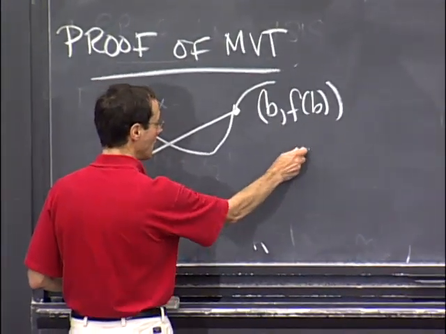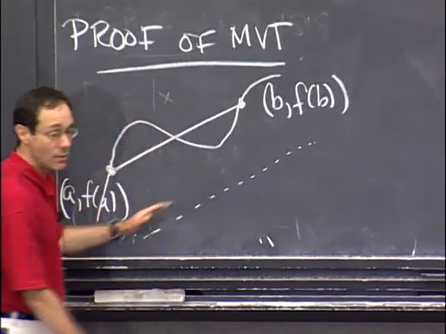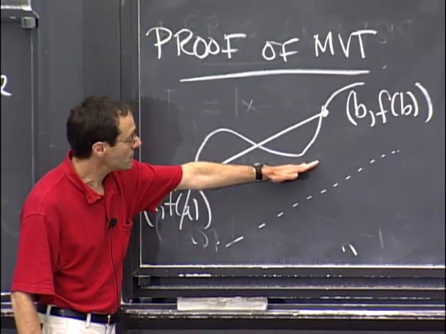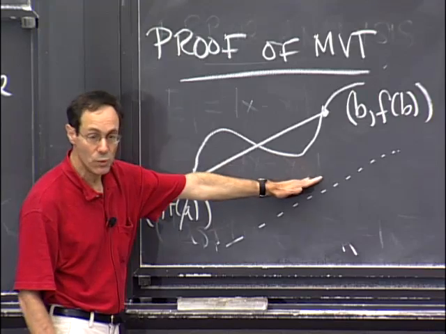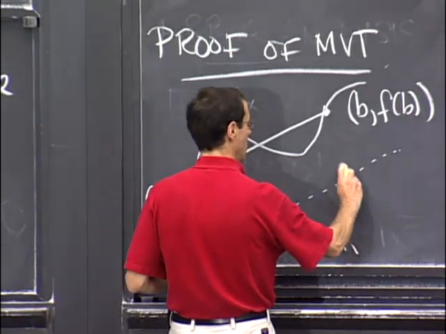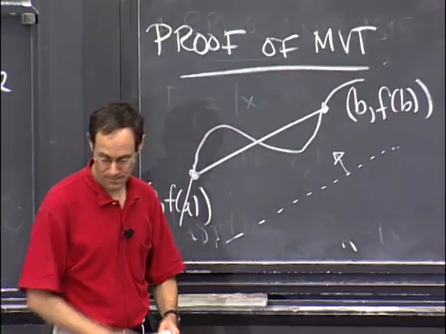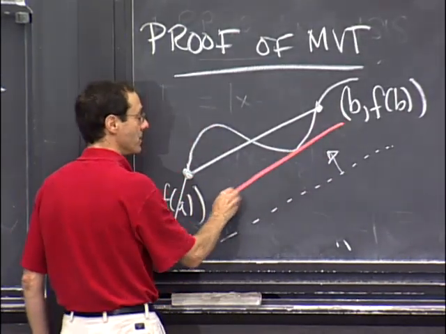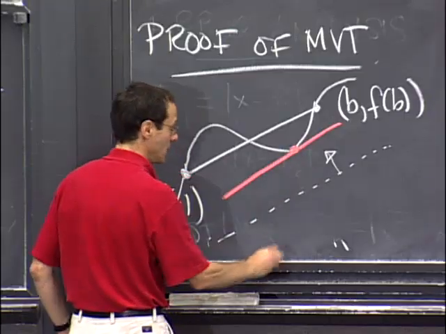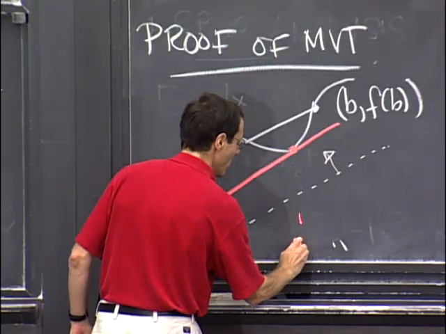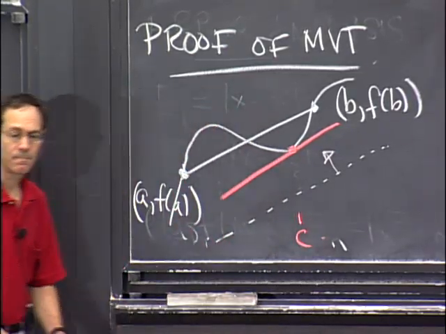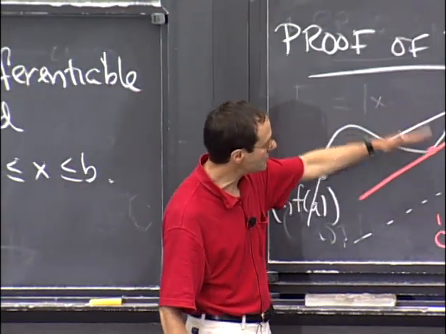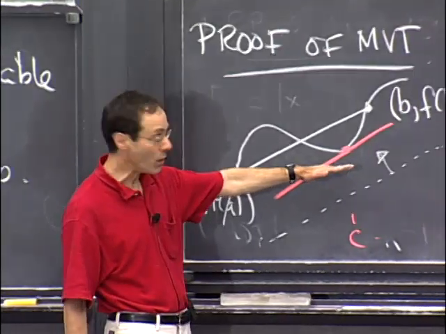We take a parallel line down here, and then we just translate it up, leaving it parallel. We move it up towards this one until it touches. And where it touches, at this point of tangency, down there, I've just found my value of c. And you can see that if the tangent line is parallel to this line, that's exactly the equation that we want.